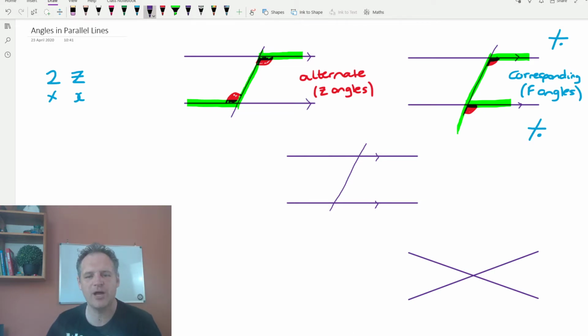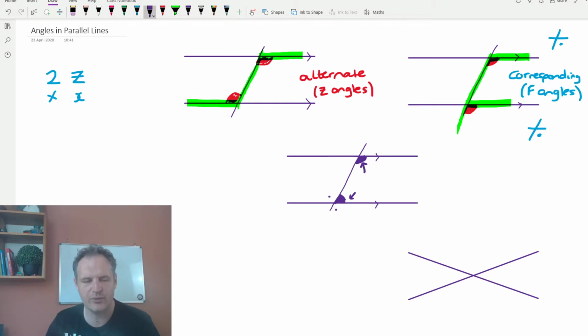Finally, I'm going to use my purple for the ones on the inside together. And these two together are different because that one we already know is the same as that one from alternate, and we already know it's the same as that one. Because I spoke to you earlier about the angles in a straight line being 180, these two must add to 180.